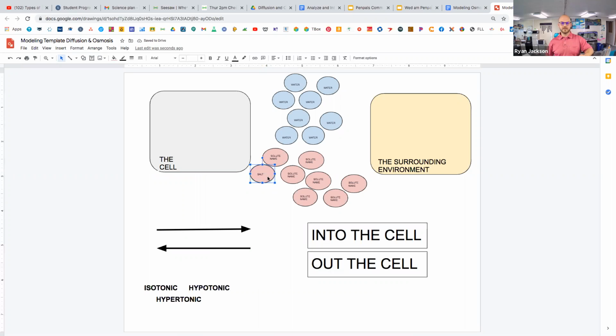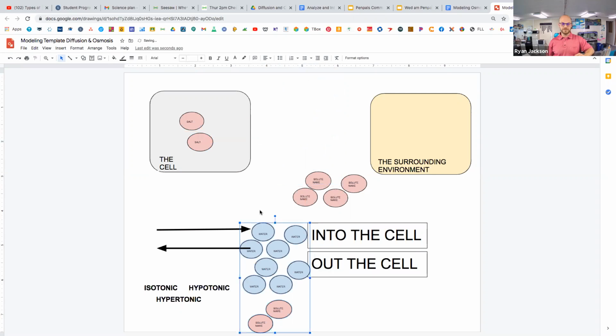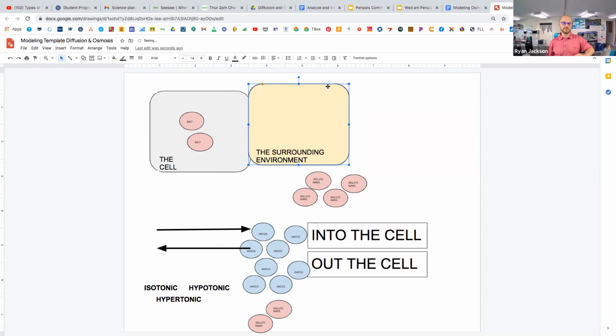See that? And I can put it inside a cell. And I can make more salt, because you can rename all of these salt if you need to, and move as many as you want. Okay, I'm just renaming them. And I can highlight all of these and move them down if I want. It's just things to use. Okay, this is a cell. What is outside of the cell? Anyone know?